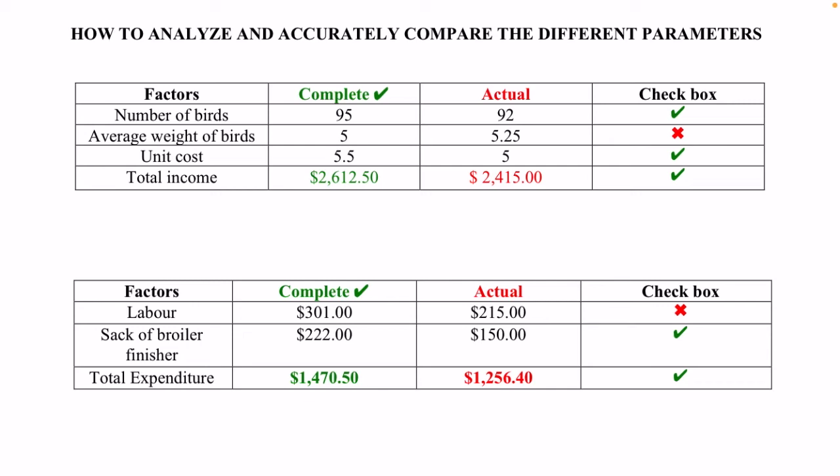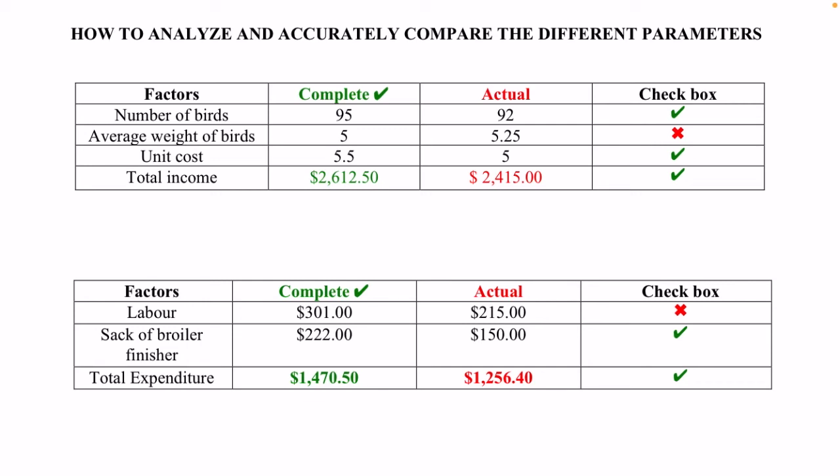Now let's look at the other factor, average weight per bird. Here you can see that the actual average weight per bird is greater than the projected weight per bird. Therefore, we do not use this factor as a supporting detail when we are doing our comparison.